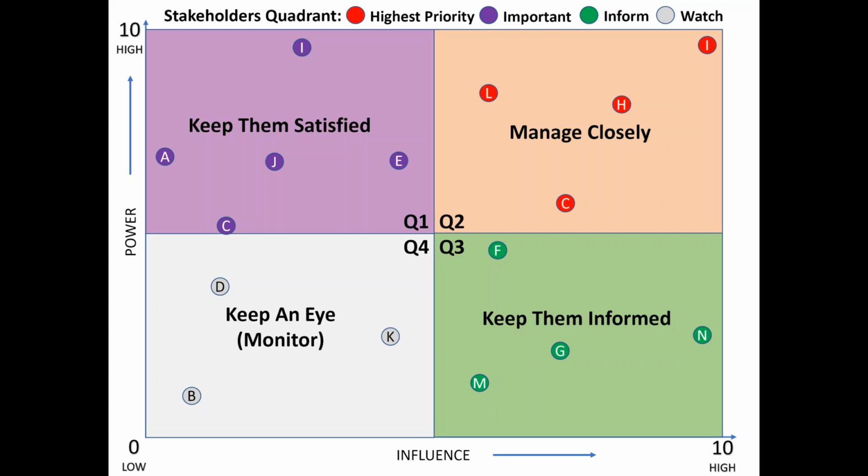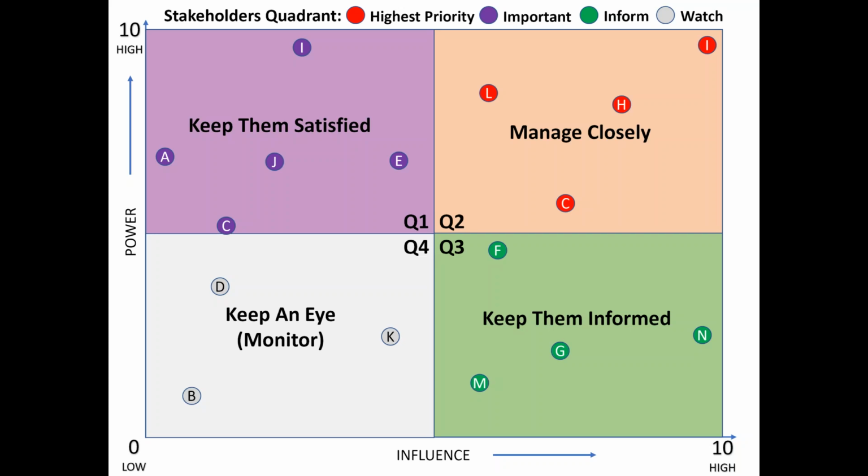Now a new grouping has emerged, and we have got 4 groups now. One group we have to manage very closely, one group we have to keep satisfied, and this is the new grouping according to which we are going to develop a strategy to deal with that specific group of stakeholders. So we are talking about groups here. Manage closely is generally for L, I, H, and C. All 4 stakeholders will be managed closely.